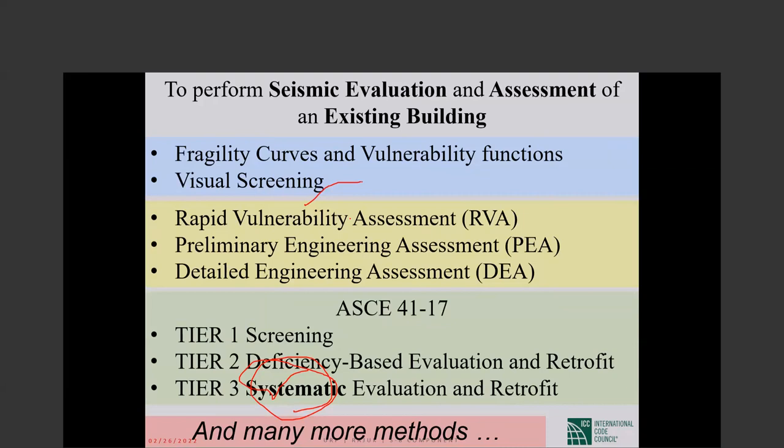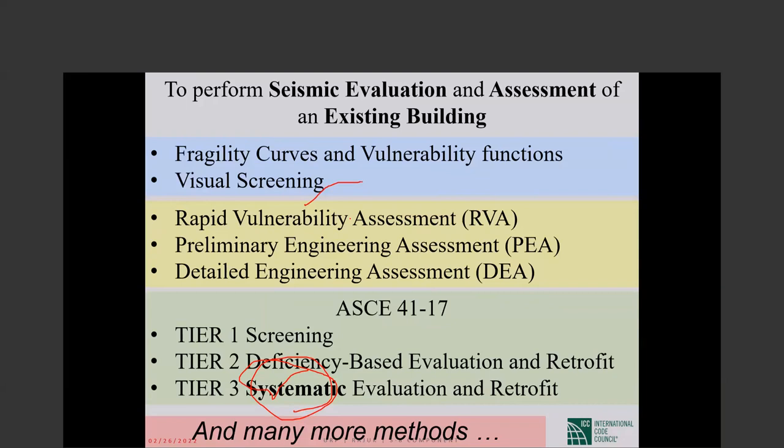Then we can't just fill in the form. We should model, we should calculate the damages, we should calculate whether this building can withstand that earthquake at all without failure, or if it just gets damaged, how much damage there is. Is this damage corresponding to IO or LS or CP?